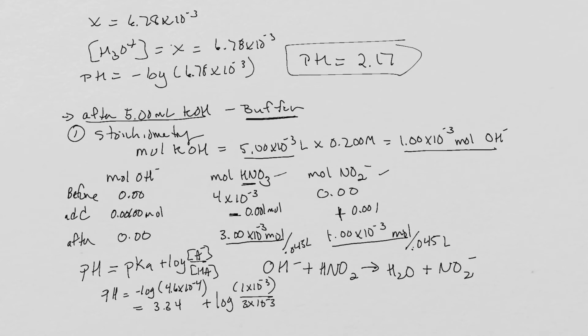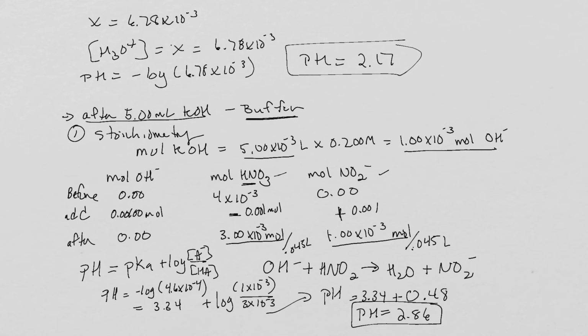If I work all that out, the pH equals 3.34 plus a minus 0.48, or 3.34 minus 0.48, or a pH that is equal to 2.86.